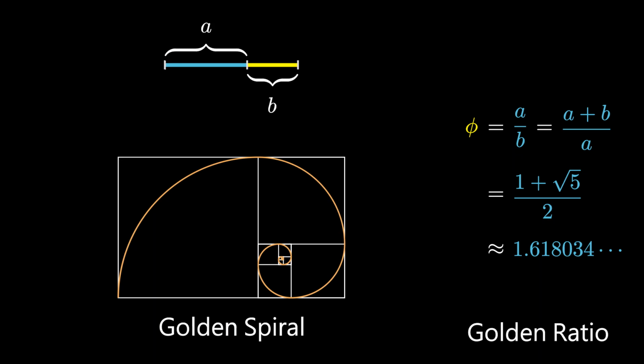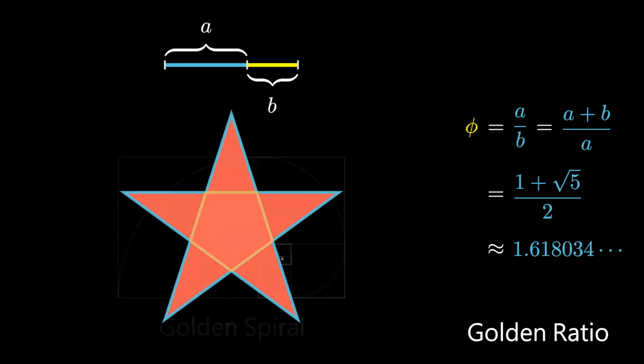The mathematical foundation of the golden rectangle and golden spiral lies in the golden ratio. The intersecting lines in a pentagram perfectly embody this ratio, making the pentagram appear more harmonious and balanced than other star-shaped polygons. This may explain why, since the time of the Pythagorean brotherhood thousands of years ago, people have been drawn to the pentagram.